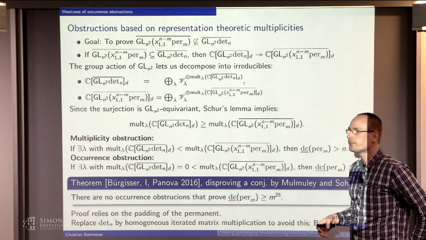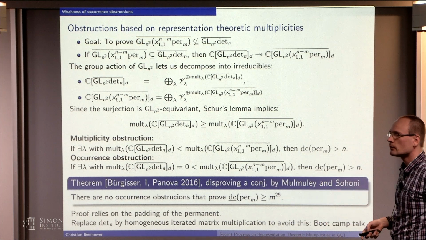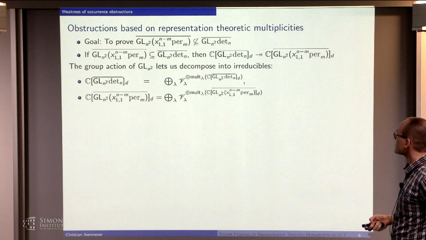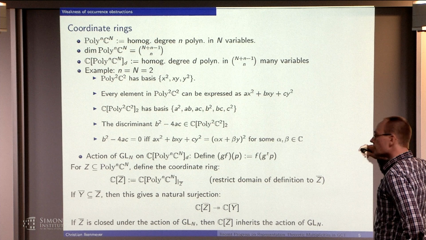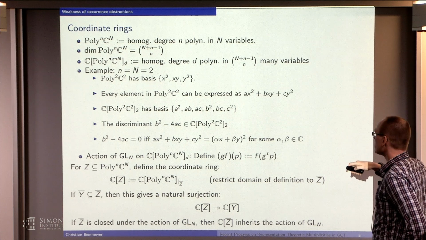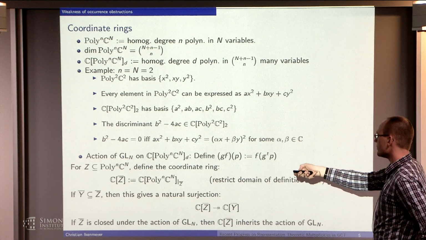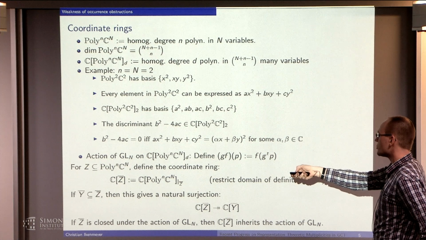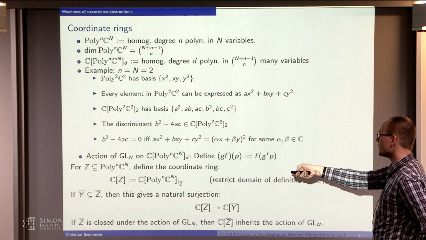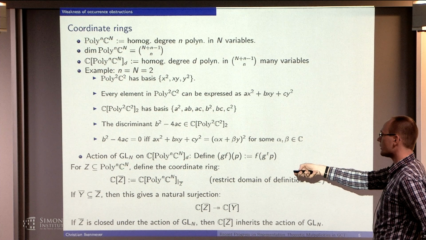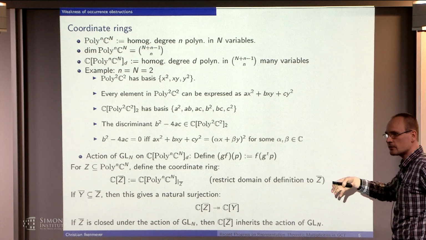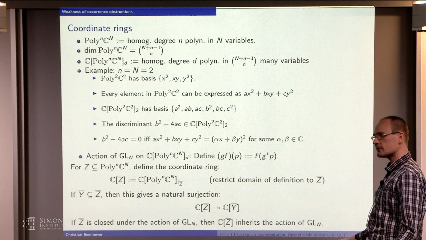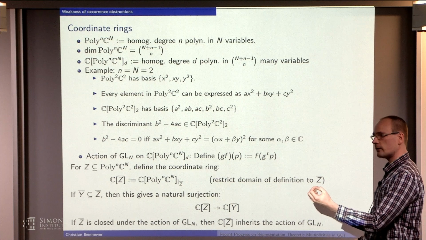Yes. Sorry, in your previous slide you had this notation Poly and C^n. How does that fit with the example of GL_{n^2} det_n? Poly_n C^n is the ambient space where everything lives, and det_n is your point.